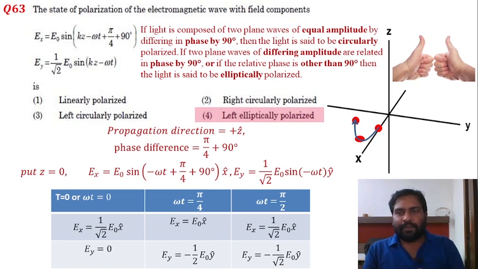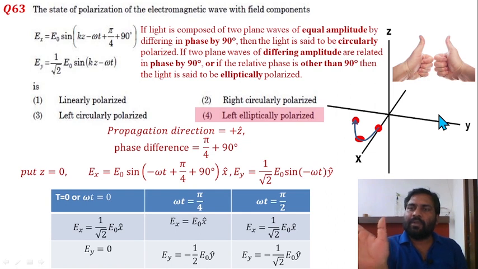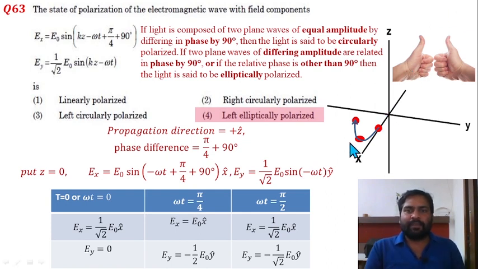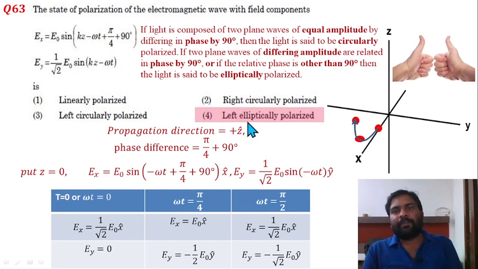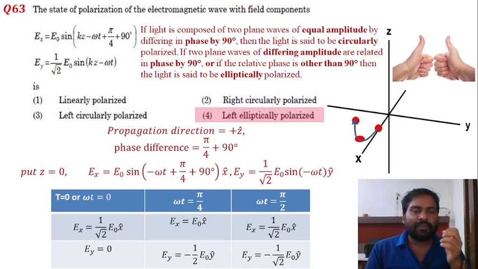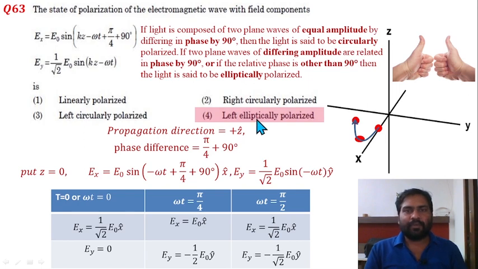If it goes in the other direction, it will follow your right hand. So it is following the left hand, that's why it is left elliptically polarized light. In the case of circularly polarized light, you can find it in a similar manner, whether it is left or right handed. Option 4, left elliptically polarized light, is correct.